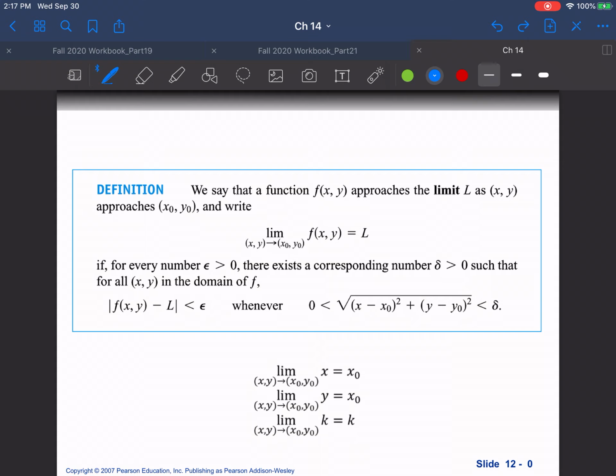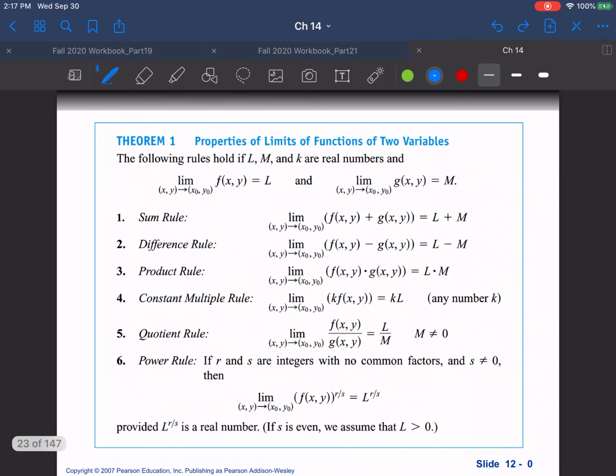So this is very similar to our definition of a limit from way back before. Okay, so after this, we've got some properties of limits, and again, these properties are very much just extensions of the properties that we had for limits before, with sums being the sum of the limits, differences being the difference of the limits, and products, and so on and so forth.